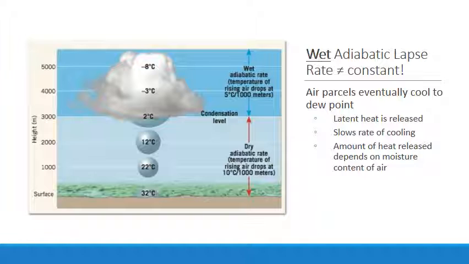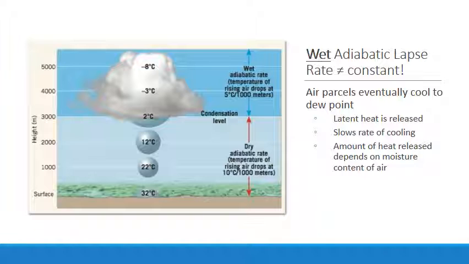But in general, 5 degrees C is about as low of a wet adiabatic rate as we'll ever see. If we really have dry air and we see clouds forming, under those arid conditions, low moisture content air might cool at a wet adiabatic rate of 9 or so degrees C.